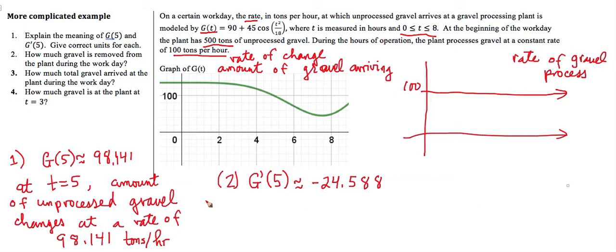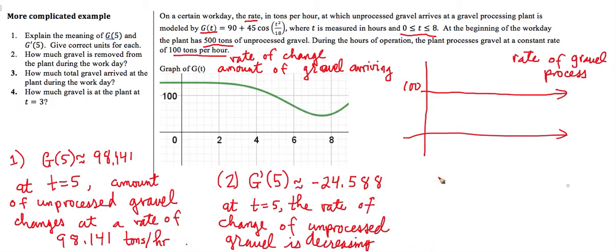So we can interpret this in the following way, that at t equals 5, the rate of change of unprocessed gravel is decreasing.